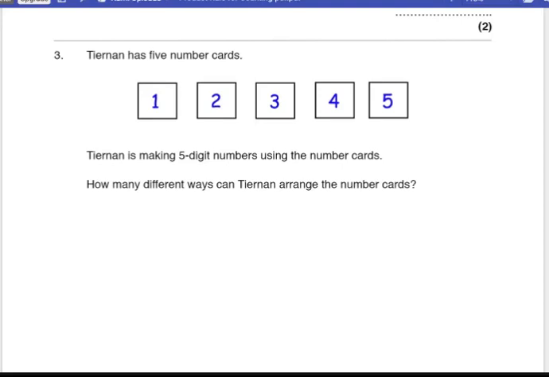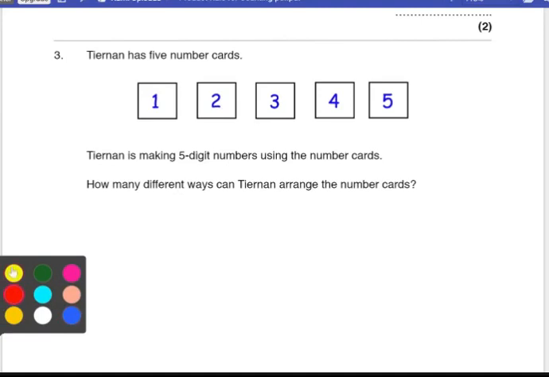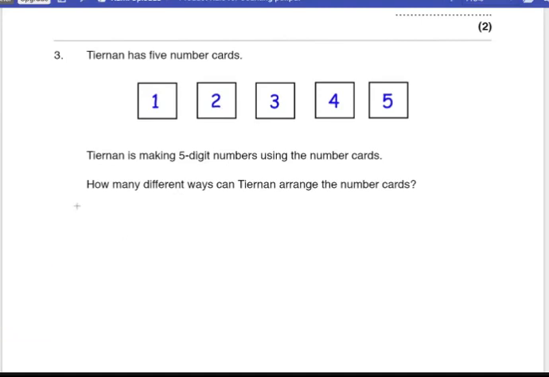He said how many 5-digit numbers, how can he arrange the 5 cards to make 5-digit numbers? Yeah, one way to think about it, and you are exactly right, is how many different numbers could go in the first option?